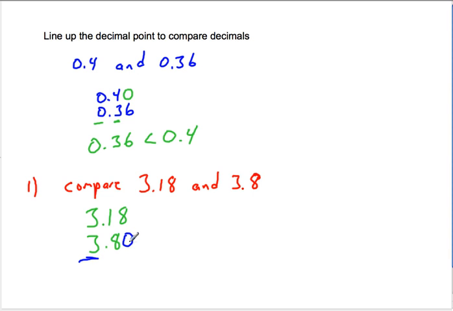So they're both the same so far. Then on the next one, we have a 1 and an 8. 1 is smaller, so we say that 3.18 is less than 3.80, or 3.8. This symbol means smaller, but the technical term is 3.18 is less than 3.8.